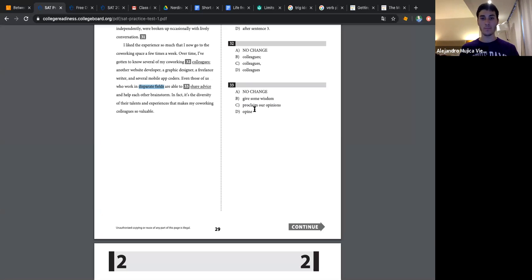So C and D are wrong. And give some wisdom, again, is wrong because they're in disparate fields. They don't really know what they're talking about as much as the expert who's working on the project does, because this is like a co-working space where people from different fields, different areas, who would be working from home otherwise, go to meet. So the right answer is share advice, because it's lighthearted.